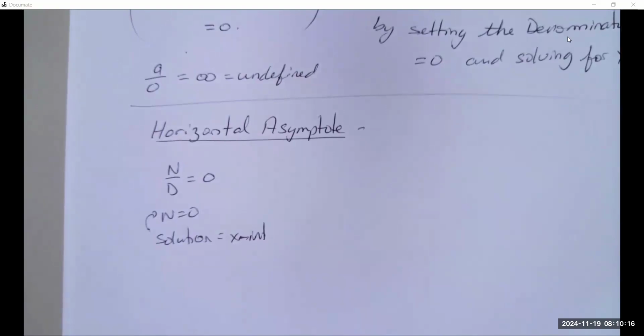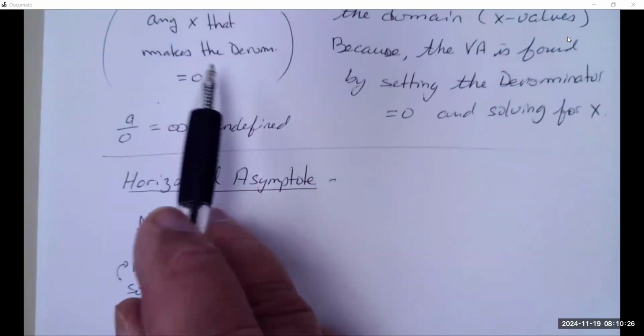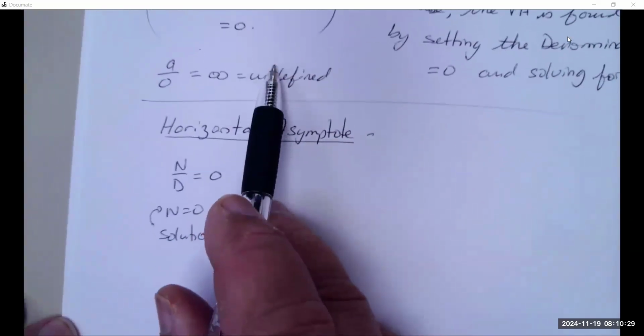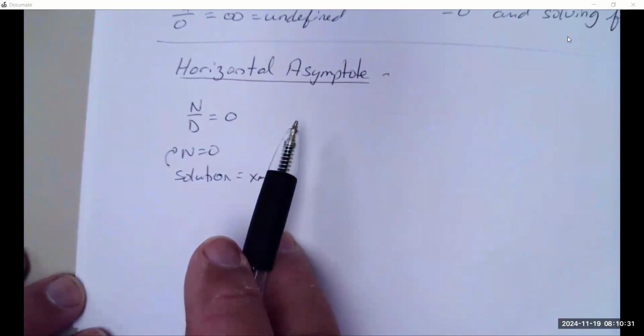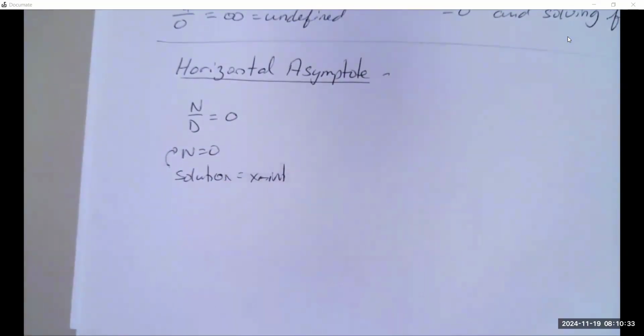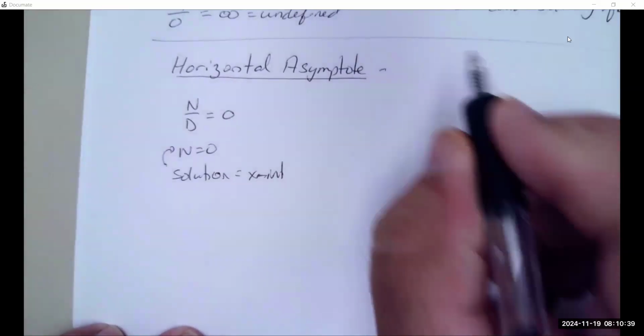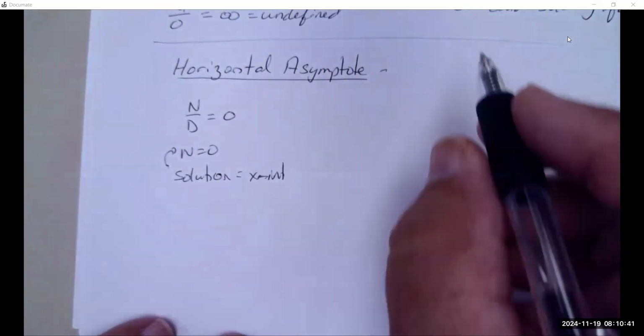So the bottom equals zero is a vertical asymptote, but the horizontal asymptote has nothing to do with setting anything to zero. First off, there are two important concepts.